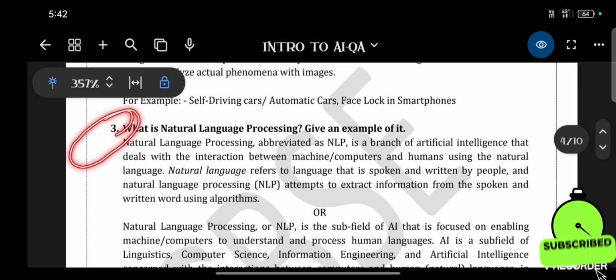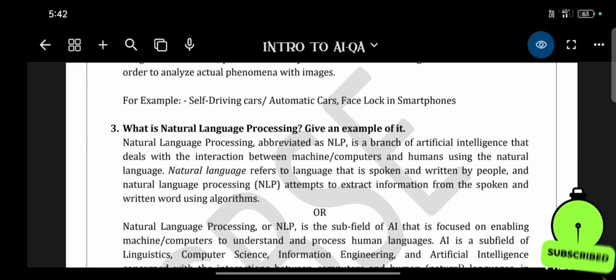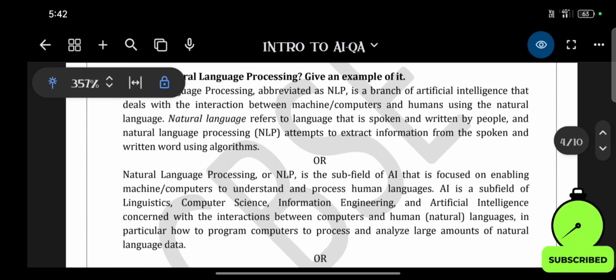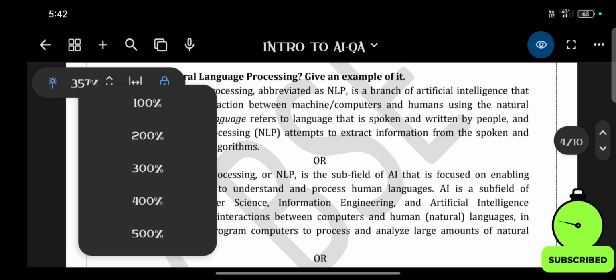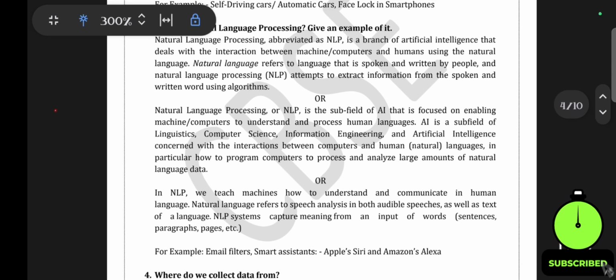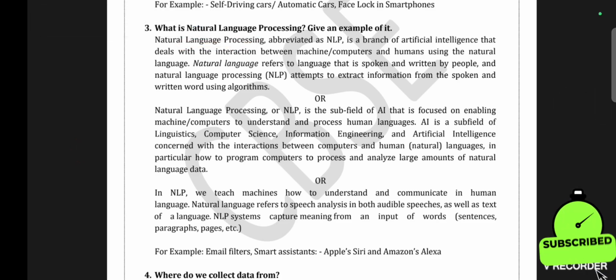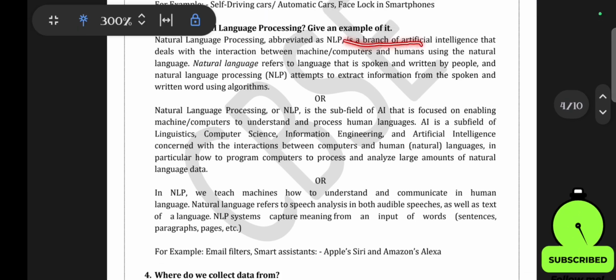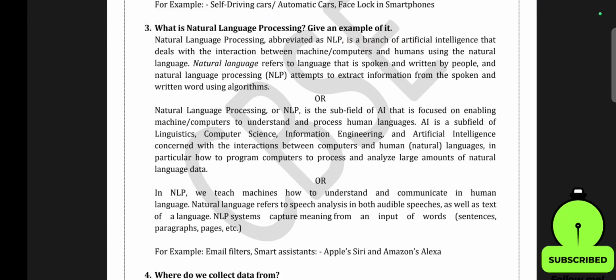Question number 3. What is NLP and give example of it? So basically NLP, okay, natural language processing, abbreviated as NLP, is a branch of artificial intelligence that deals with the interaction between machines, computers, and humans using natural language.